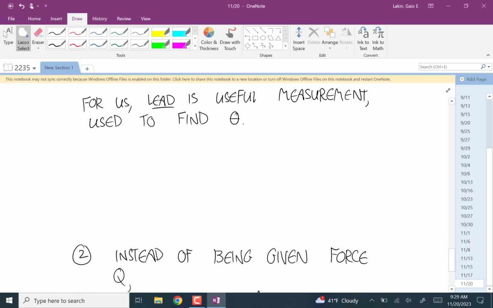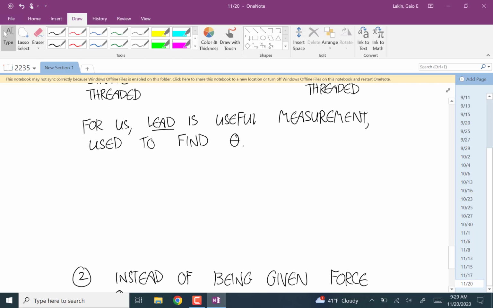Just draw an arrow from number 1 down, circle it, so you have it connected in your notes. The relationship here is that if you're given the lead and you want to know the angle of the ramp, this is the lead.